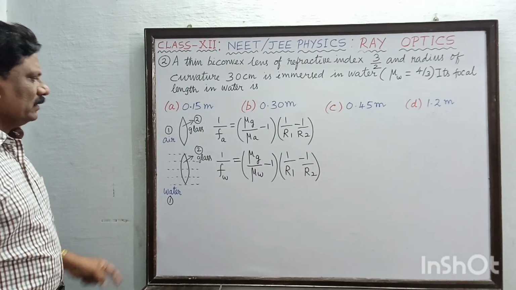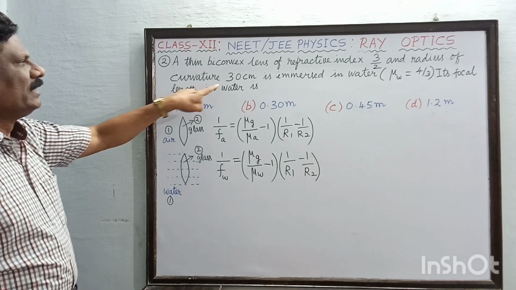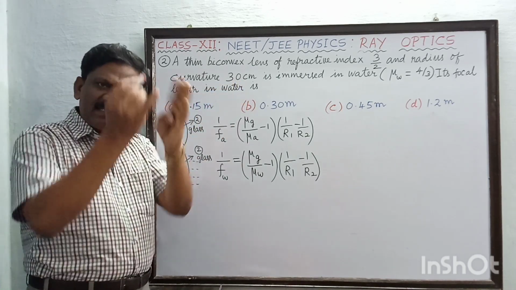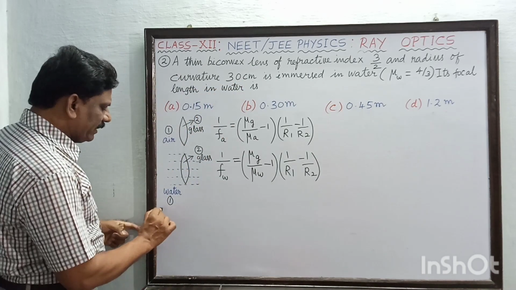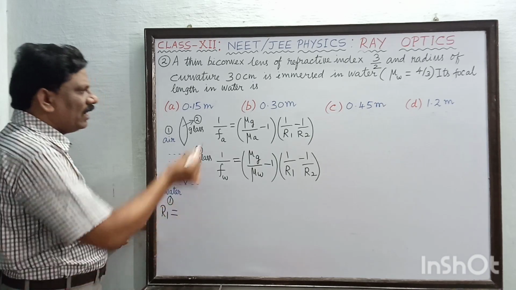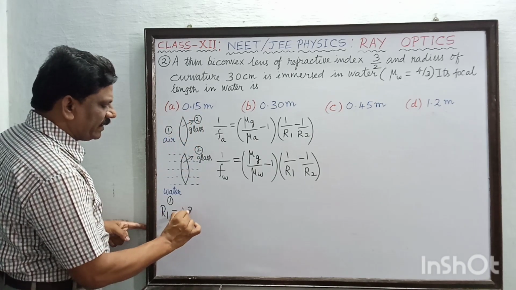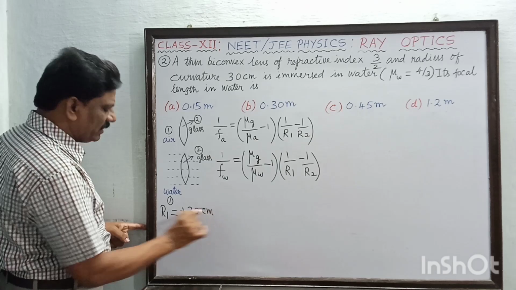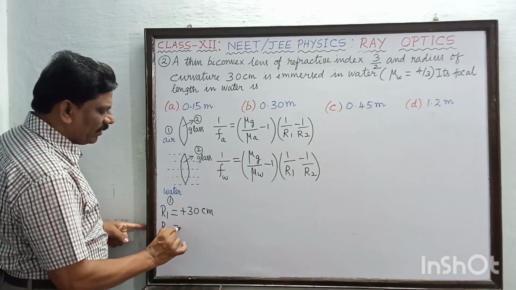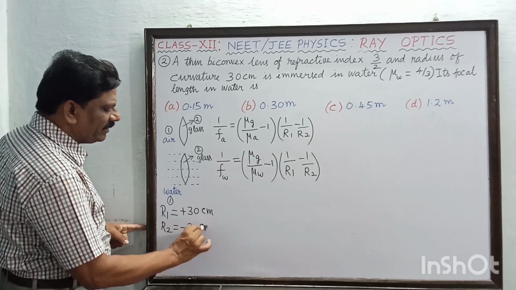Now what is given here? The radius of curvature is symmetric on both sides. Therefore the radius of curvature R1 is positive, so R1 is equal to plus 30 centimeter and R2 is equal to minus 30 centimeter.